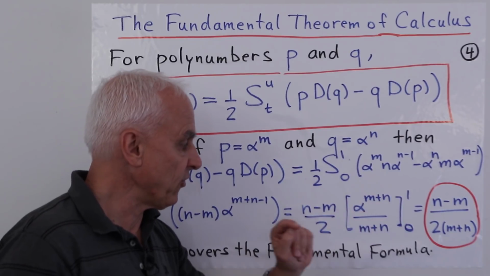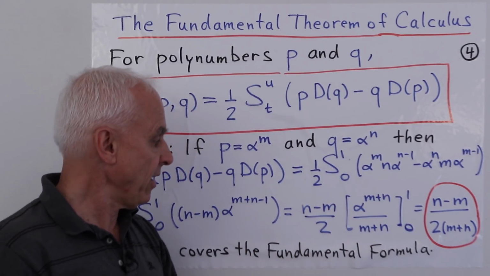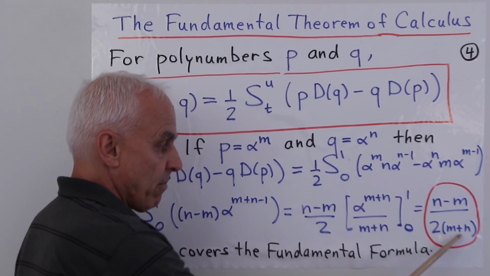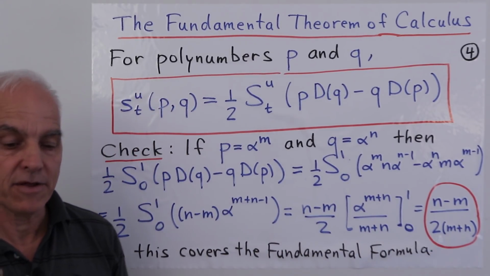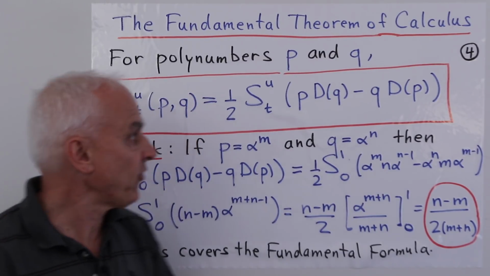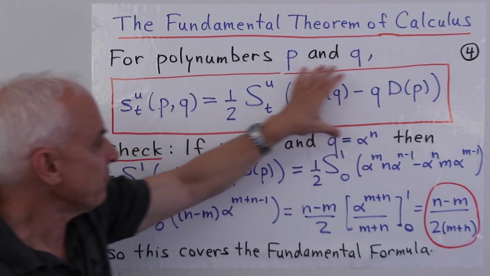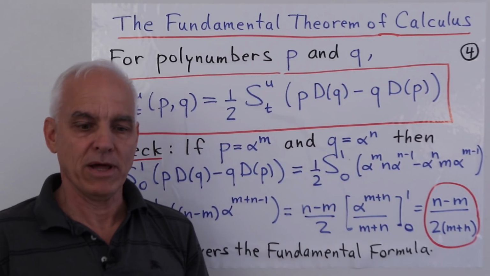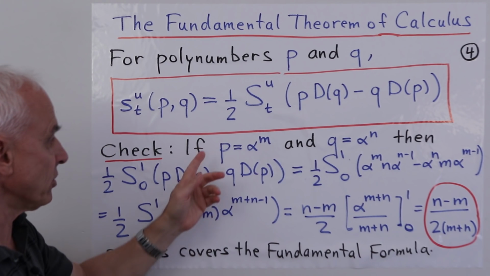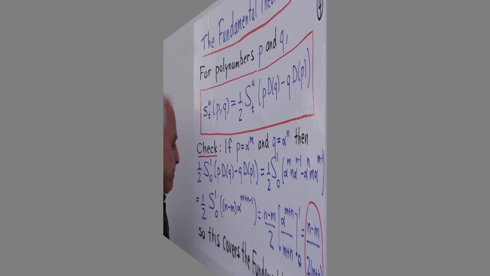So this difference is just 1 over m plus n, and the total is n minus m over 2 times m plus n. So exactly the fundamental formula of the algebraic calculus. So this more fancy theoretical formula agrees with our fundamental formula when we're talking about pure powers.